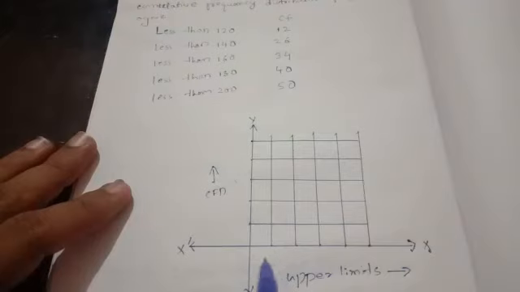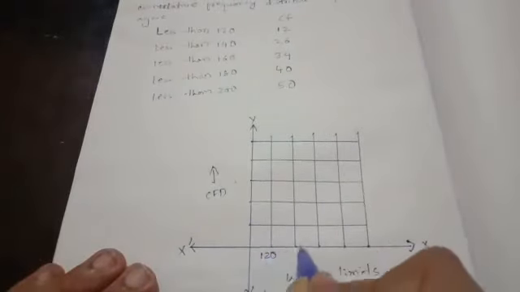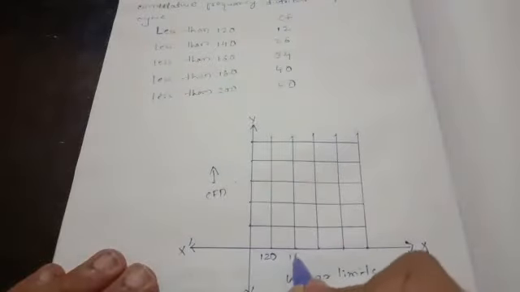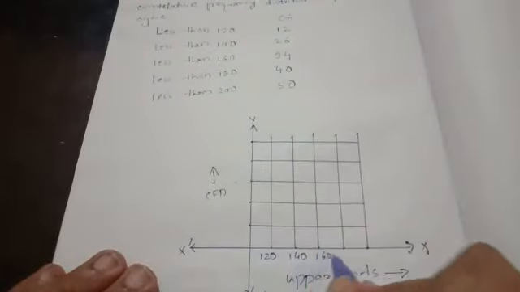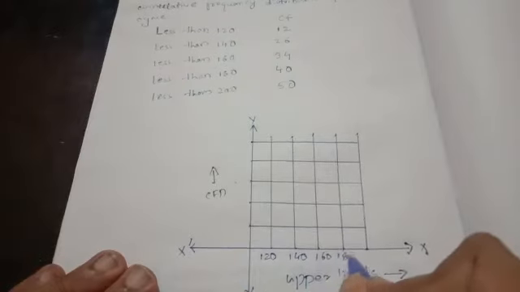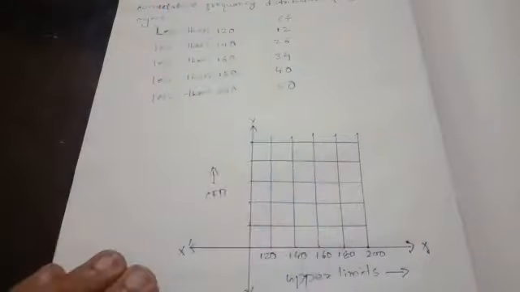Now first we have to write all the upper limits on the x-axis. The first one is 120, the second one is 140, then 160, then 180, then 200. These are the upper limits that we write on the x-axis, and we write the CFD on the y-axis.